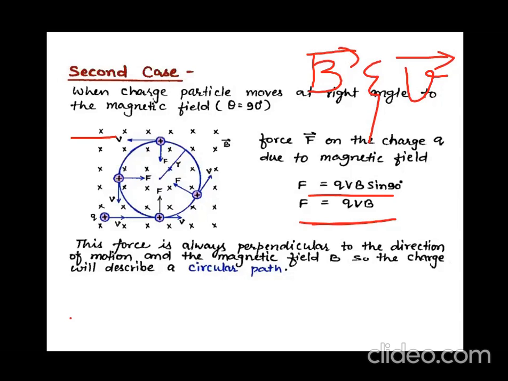The direction of this force is 90 degrees, so this force always acts perpendicular to the direction of motion. At each and every point, the magnetic force acts in the direction perpendicular to the motion. And that means the charge plus q is going to move in a circular path.